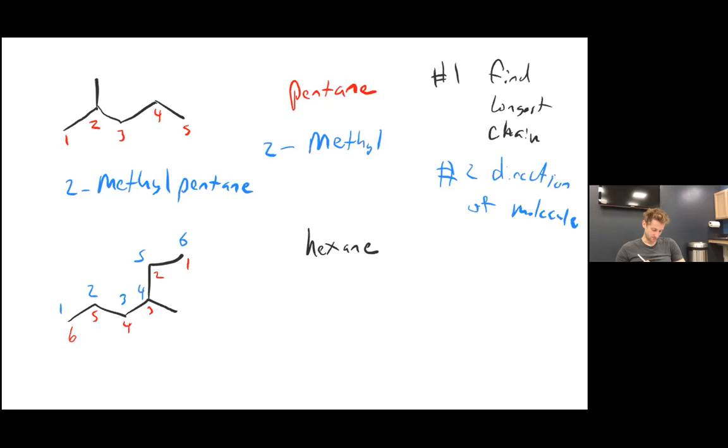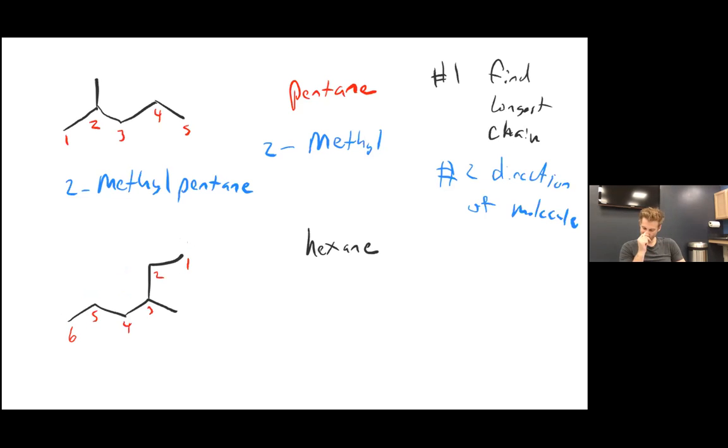Taking a look at our one substituent on here, going right to left, we hit this CH3 at 4, versus left to right, we hit it at position 3 here. So 3 is going to be less. So this time, this red pathway is going to be the one we want.